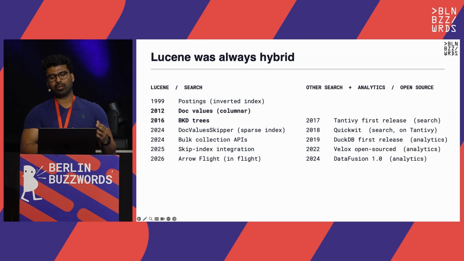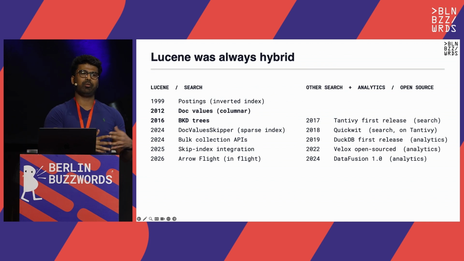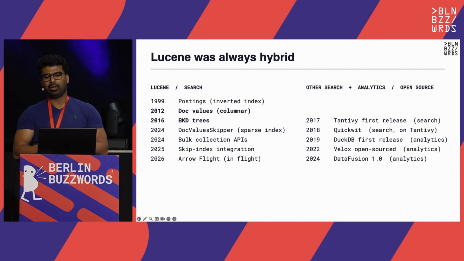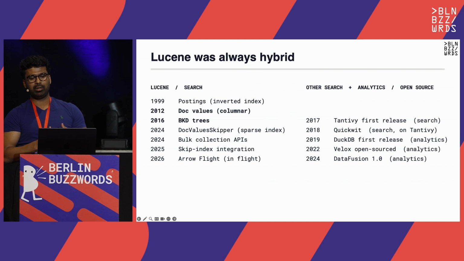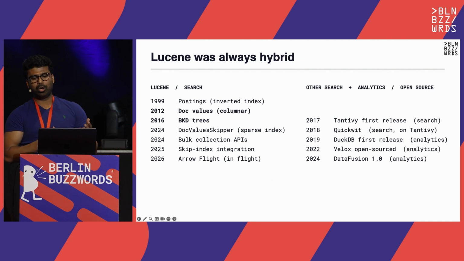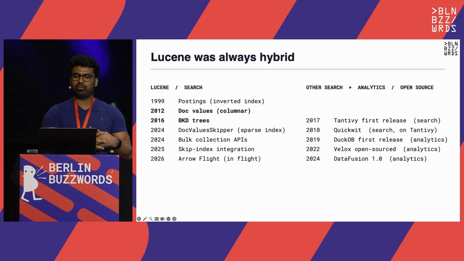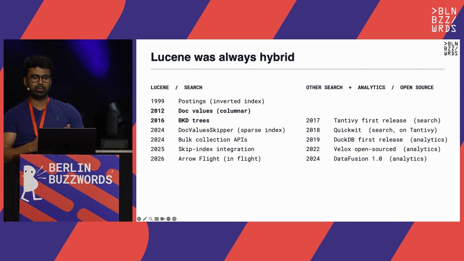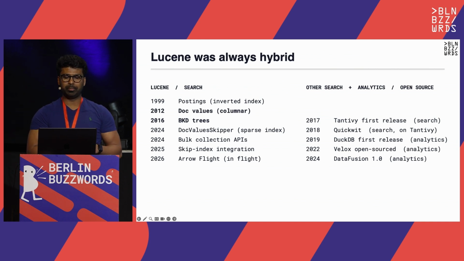And in parallel, we were seeing some evolution in other search engines and analytics engines. We have Tantivy in 2017 and Quickwit, which released on top of Tantivy in 2018. The other category is analytics engines, like DuckDB in 2019, Velox in 2022, and DataFusion in 2024.